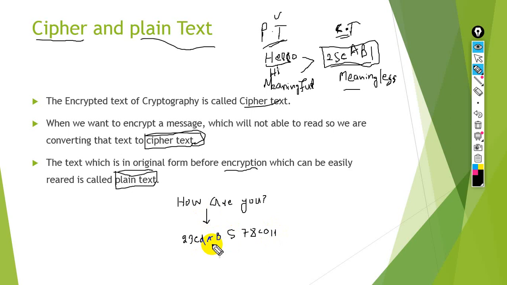So I'm converting this text to code. We can say that this is the original text, this is plain text, and this is the cipher text, CT. Plain text is the original text, and cipher text is the encoded form of text.